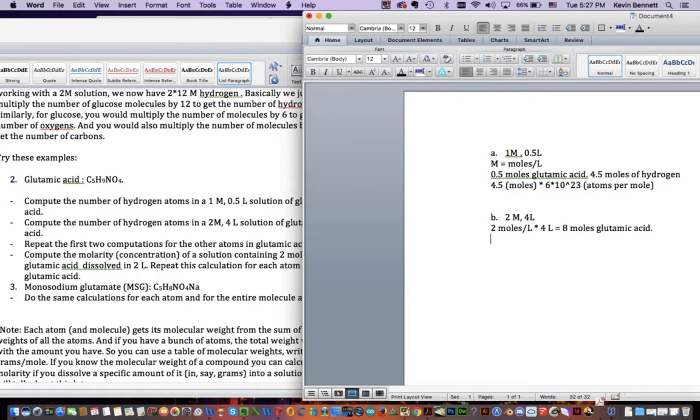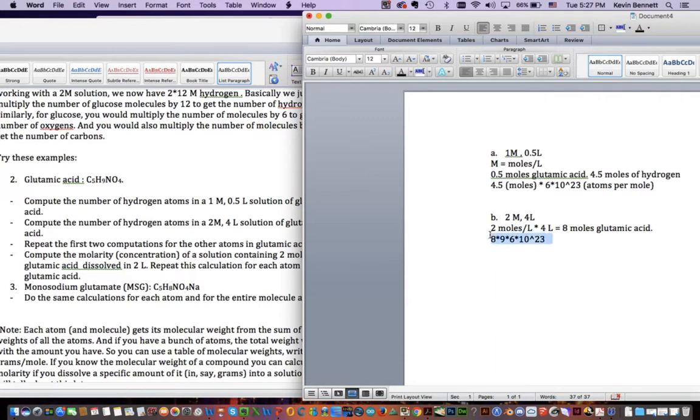And now we need to multiply that by the number of hydrogen atoms in each glutamic acid, which is 9. And then we can multiply that by Avogadro's number to get the number of atoms, which is 6 times 10 to the 23rd. And that's the answer.